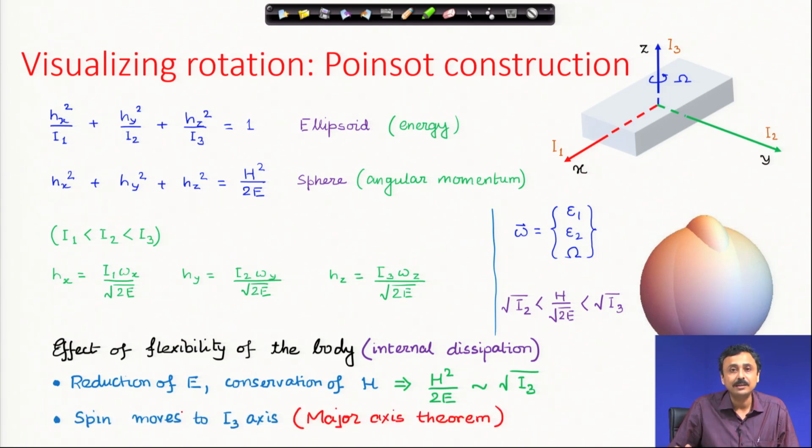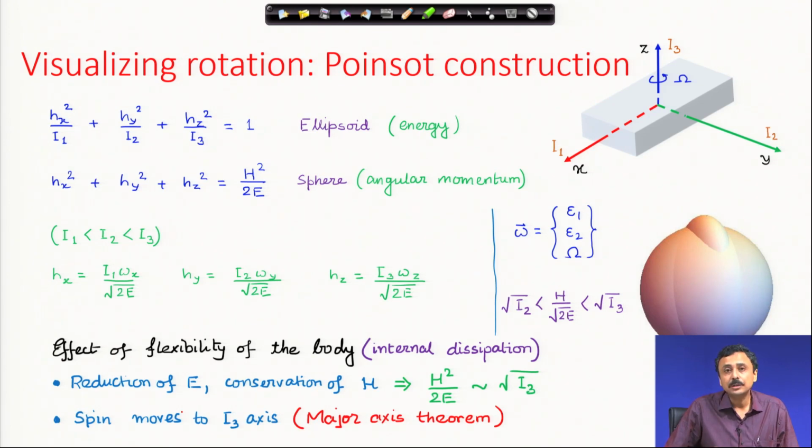The spin finally will move very close to the major axis in terms of the moment of inertia. So, I3 is the z axis, and the spin is going to eventually move to the z axis. This has happened in the case of Earth, because it spins about the maximum moment of inertia axis.